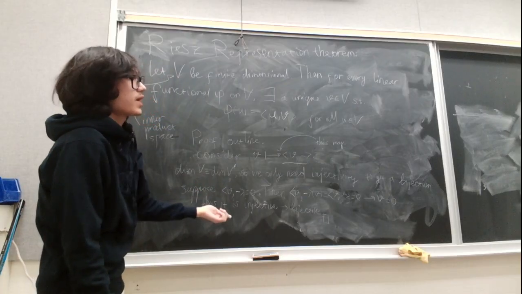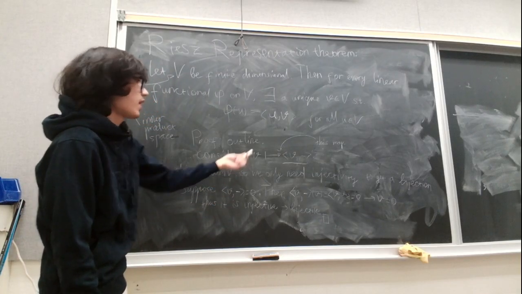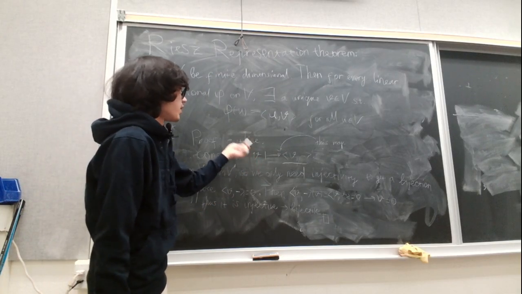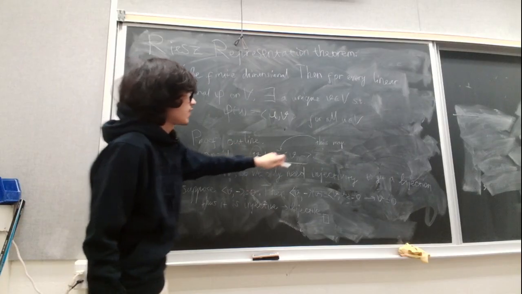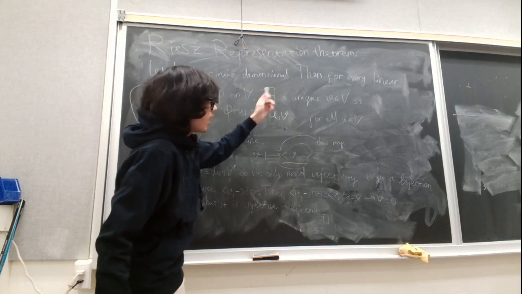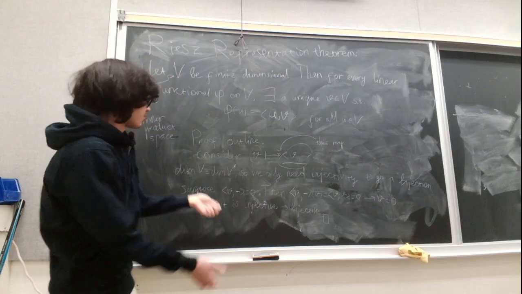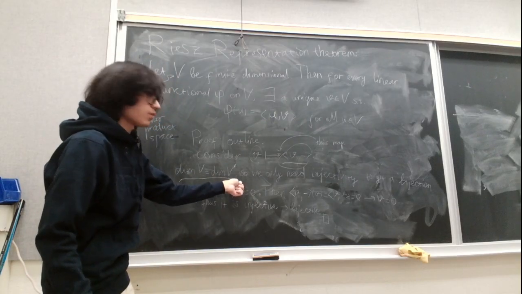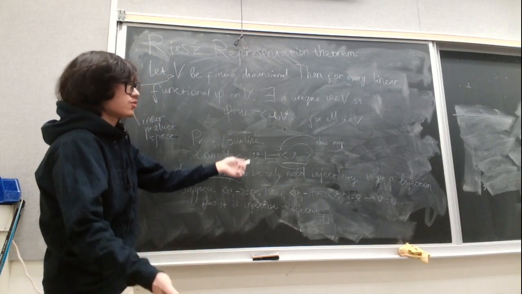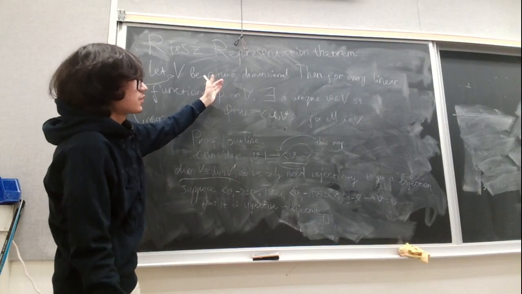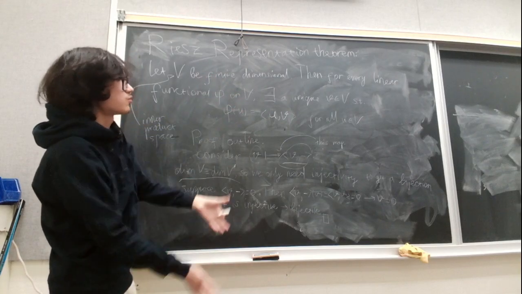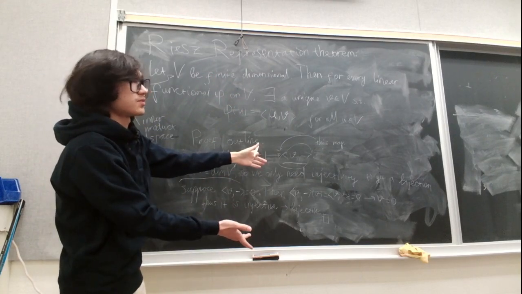Now, when we have a linear map between the vector space and its space of linear functionals, they're both of equal dimension. And so for this theorem to be true, we just need to make sure that this linear map is a bijection.